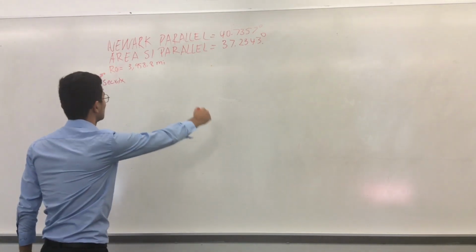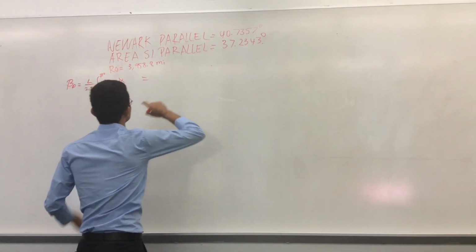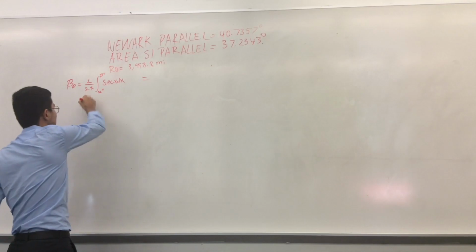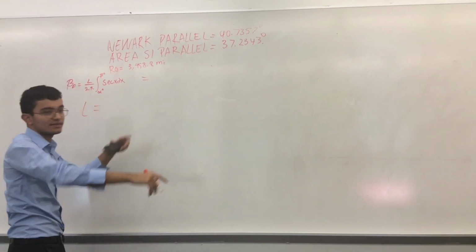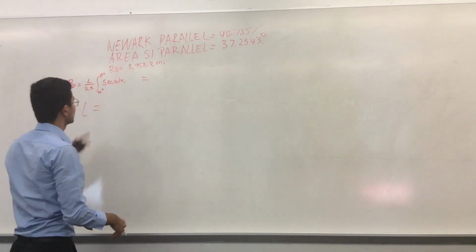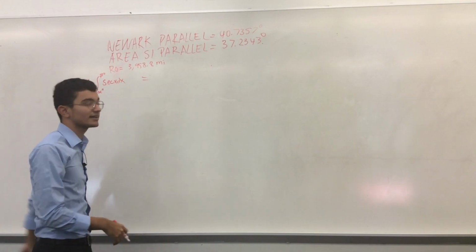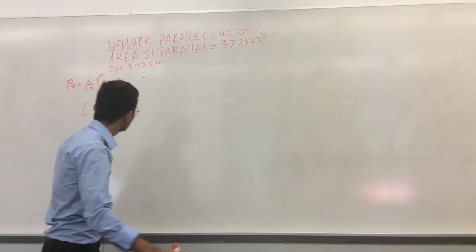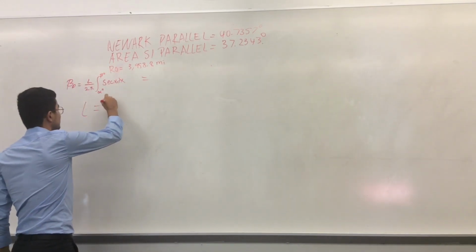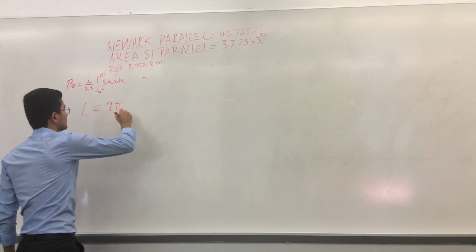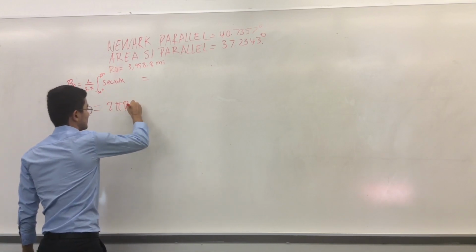So here's what we're going to do. We're going to set this equal to L. L in our case has to be the length of the equator. We know that the radius of the Earth is about 3,958.8 miles, so it is equal to 2 pi times the radius. That's the circumference, right?